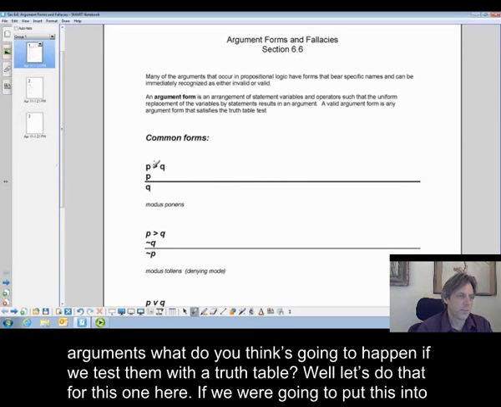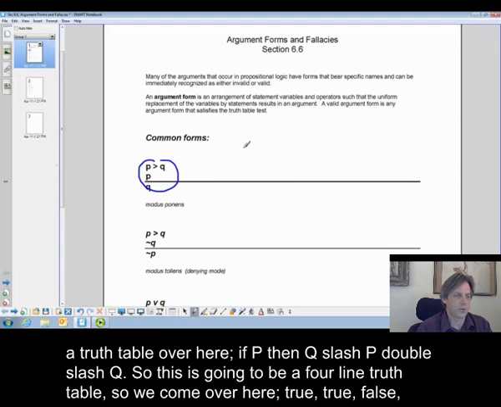If we were going to put this into a truth table over here, if P then Q slash P double slash Q. Okay, so this is going to be a 4-line truth table, right?